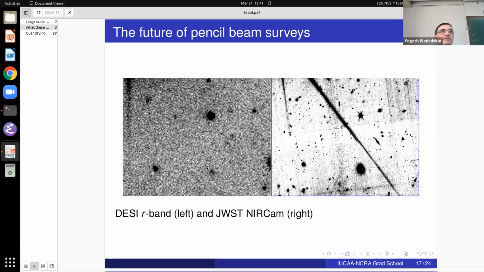Yes, so that is correct. We know that to be true. Okay, so sir, the smoothness that we see on the large scales, is it due to this reason, or can it be due to this reason?